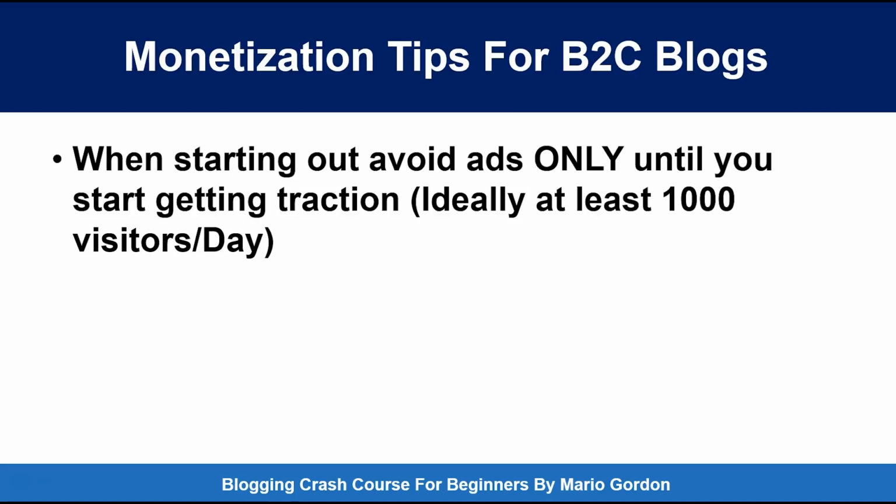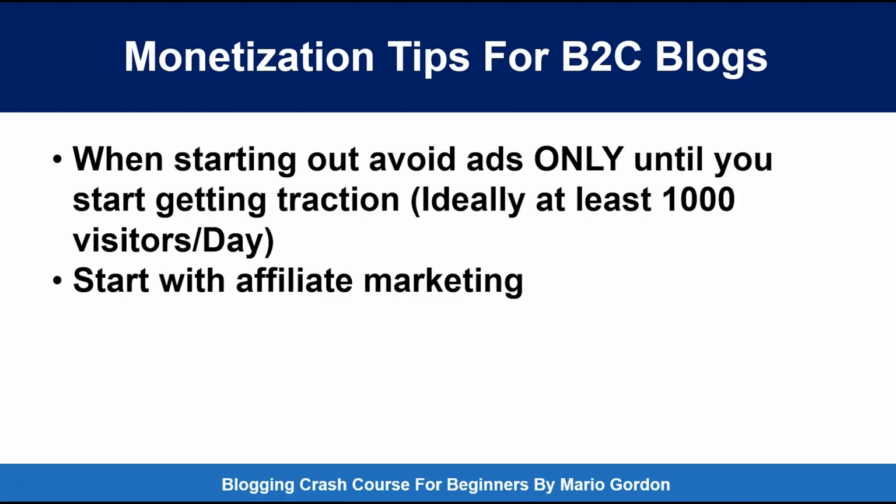For example, if you're starting out and getting a couple hundred visits per day, I think you should avoid ads until you're getting at least 1,000 visitors per day, because that is about 30K visitors per month. You can start seeing earnings from ads with that type of traffic. You can start seeing it with smaller traffic volume, but ideally you want to start monetizing with ads when you have at least 1,000 visitors per day.